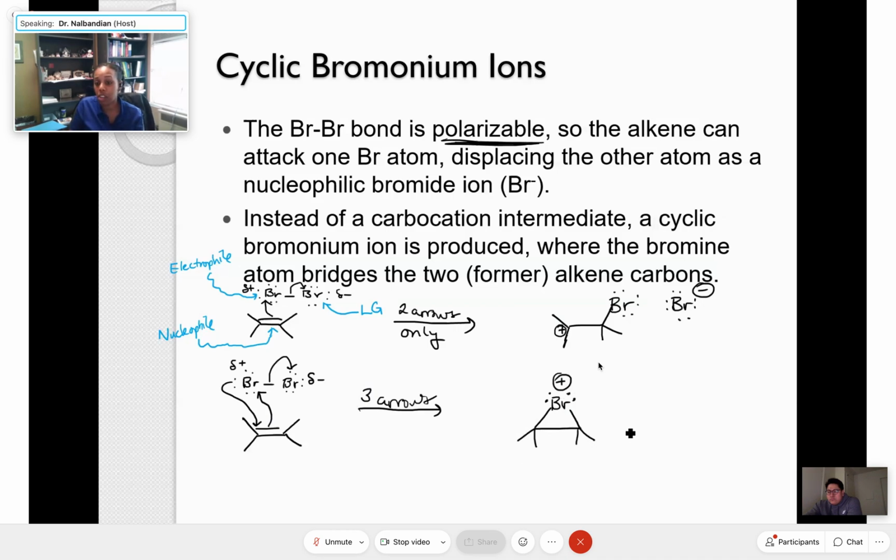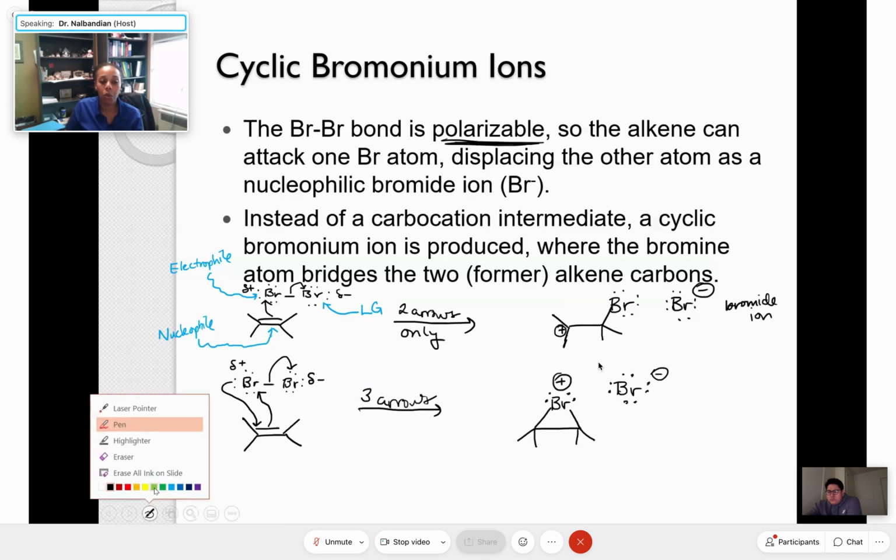Something has to have a positive charge. In one case, carbon has a positive charge. In the other case, bromine has a positive charge. And then we still have our bromide ion, right? When it's a negative charge, it's bromide. So what is the difference in these two? Why do we only form one?